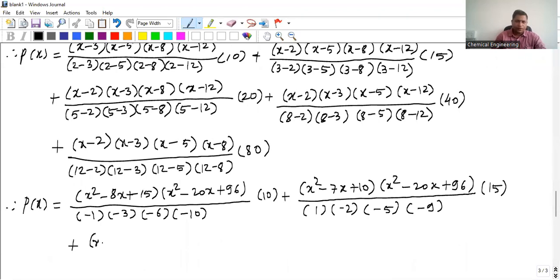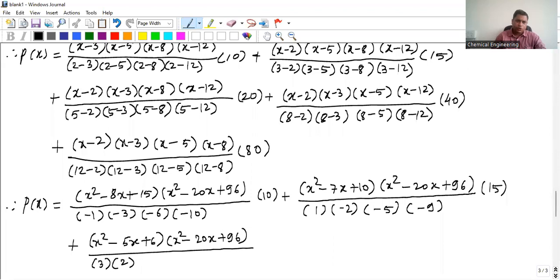So we got here x square minus 5x plus 6, x square minus 20x plus 96. And here we have, this is 3, this is 2, this is minus 3, and this is minus 7. And this term is here 20 plus.